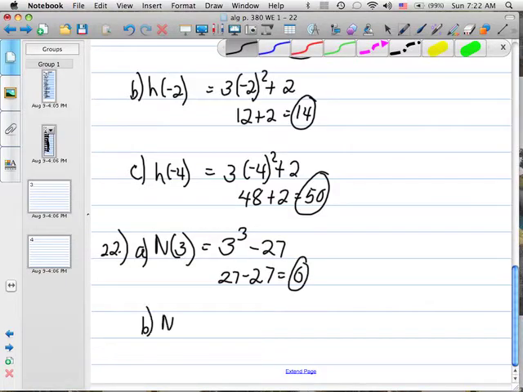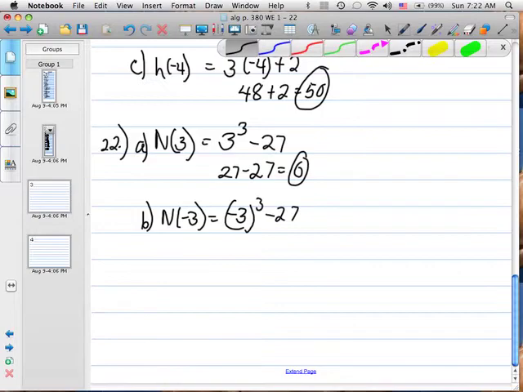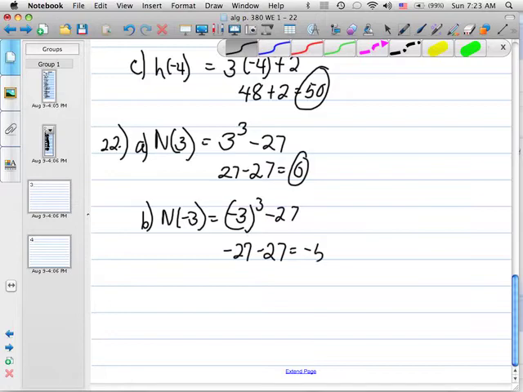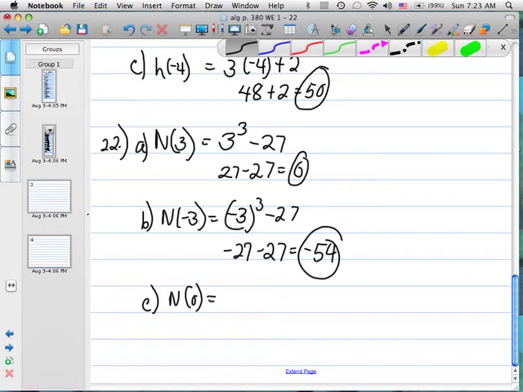B, n at negative 3. Negative 3 cubed minus 27. Negative 3 times negative 3 times negative 3 is going to be negative 27. Minus 27 equals negative 54. And C, n at 0. So 0 cubed minus 27 just equals negative 27.